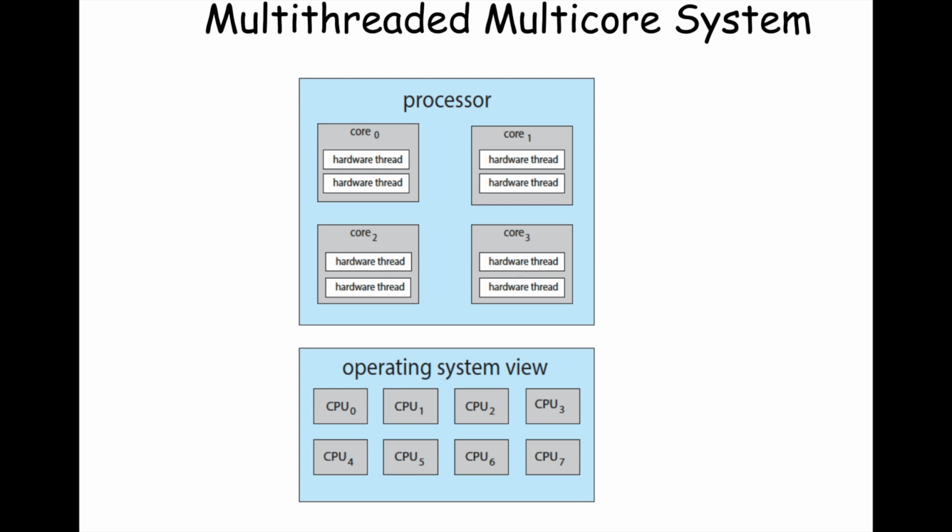So each one of these hardware threads is associated with a program counter, with a stack pointer, with a register file, and so forth. So while it's a so-called hardware thread, to the operating system, it looks like a unit of execution.